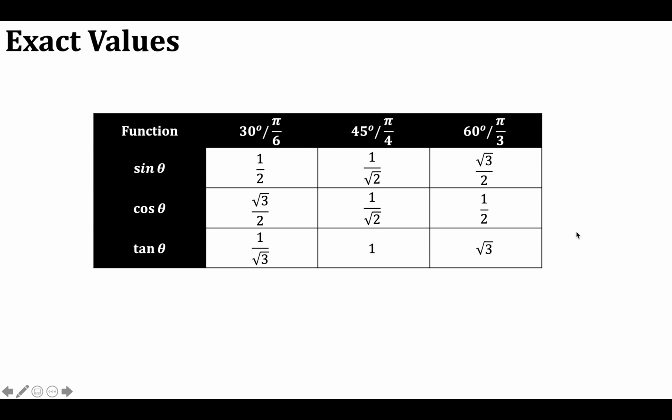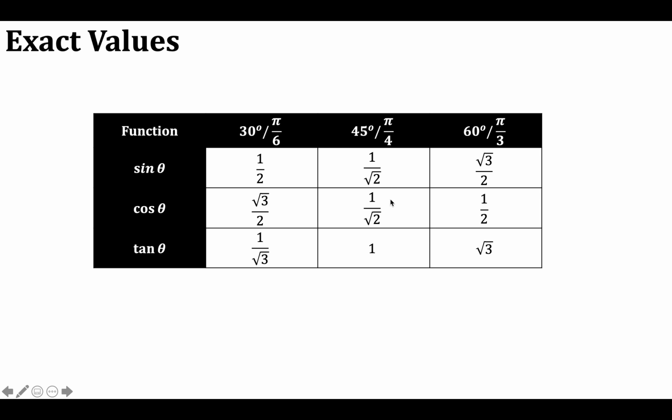It might seem like a lot to learn because you need to learn the three values for each of the 3 functions and remember which is which. But you'll get to know it quite quickly.